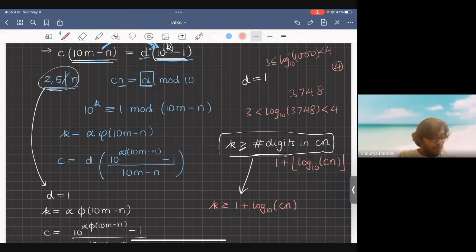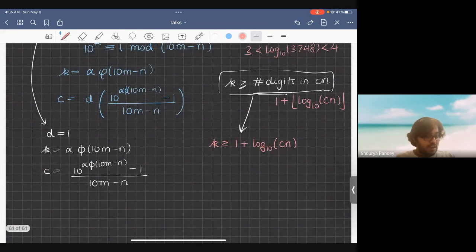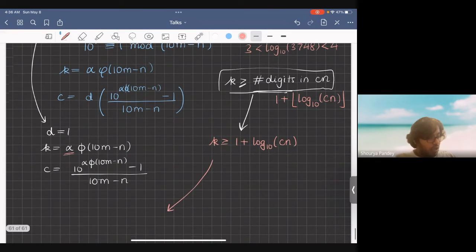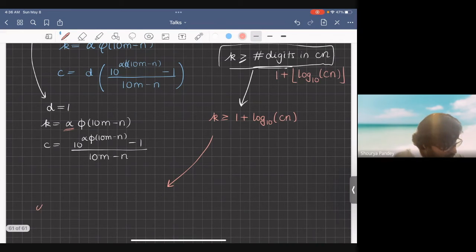And why is this true? What is the log of Cn? We want to show that there exists an alpha. Alpha is also something I can choose, right? All I want is an alpha for which alpha times phi of 10m minus n is at least 1 plus that log.